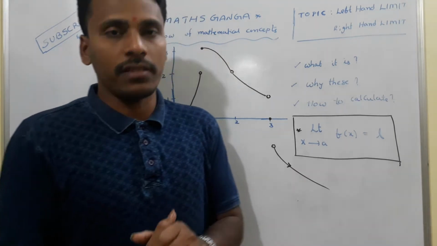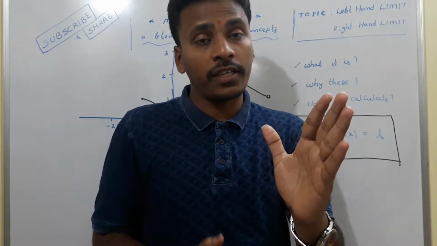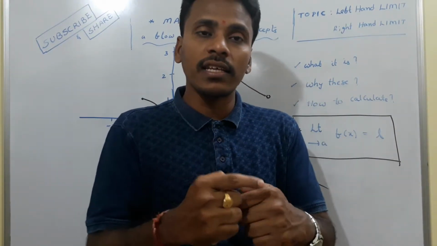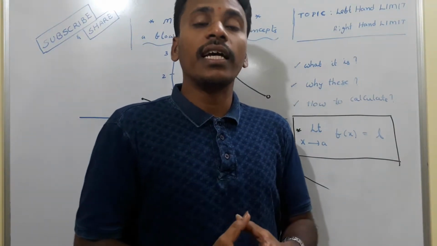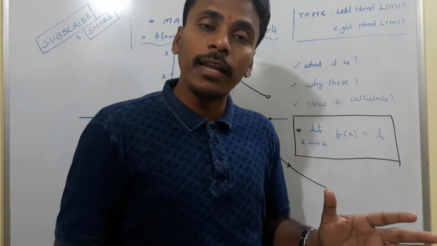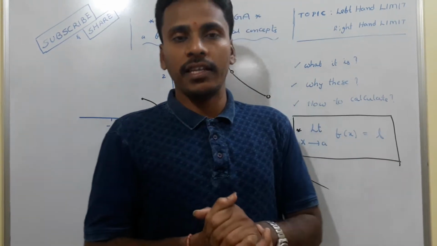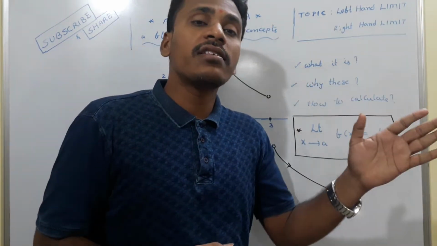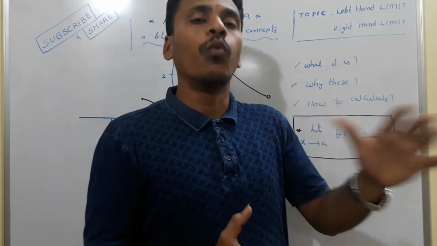There are different cases. In some cases, as x is approaching a from the left side and as x is approaching a from the right side, in both cases f of x is in the surroundings of L. Then we say that both the left hand limit and right hand limit exist, and the limit exists. But in another case, if x is running towards a from the left, f of x is approaching some L1.